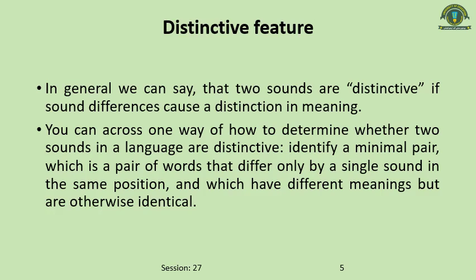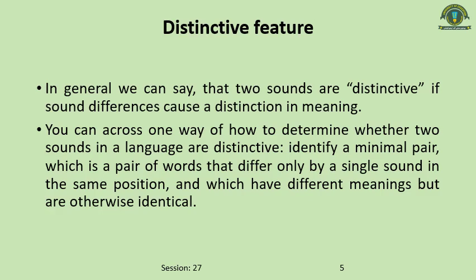I would like to refer to the same pair of words, sip and zip. There are many. Both the words are identical, but remember, it is only the change of one phoneme, one sound. In a pair of words, it's a matter of one sound only.